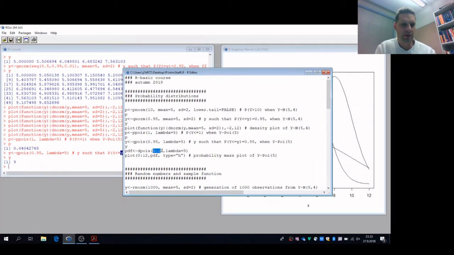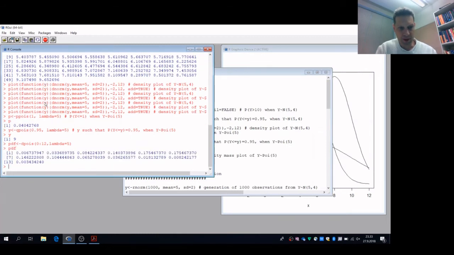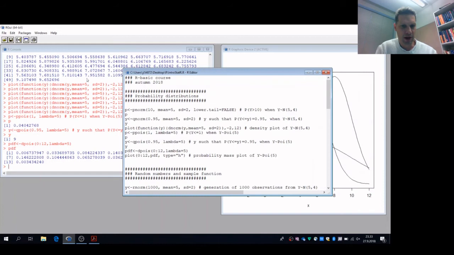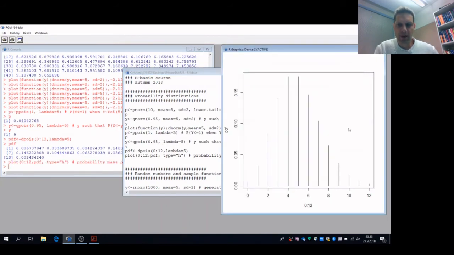For example, here I have calculated for values from 0 to 12, all the integer values, that means 0, 1, 2, 3, and so on, the value of the density function in the case of the Poisson distribution with parameter lambda being 5. That's why we get these probability density function values. And if I now use the plot function again, I can plot it in this way.